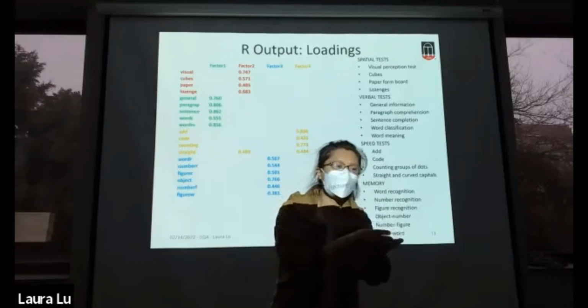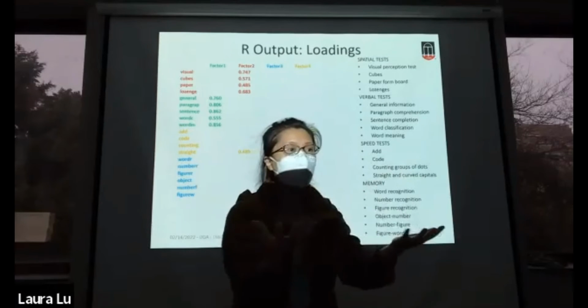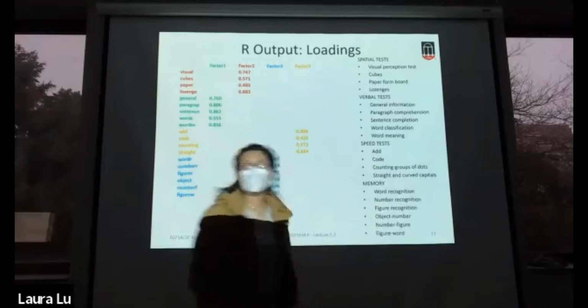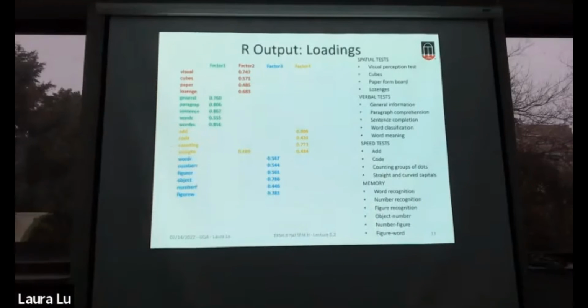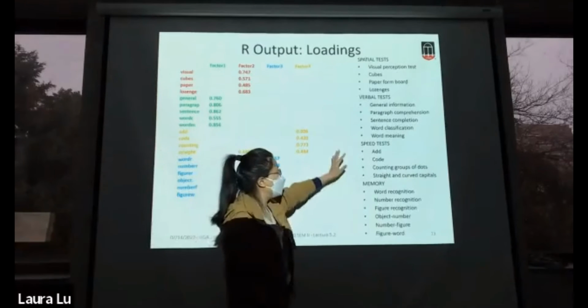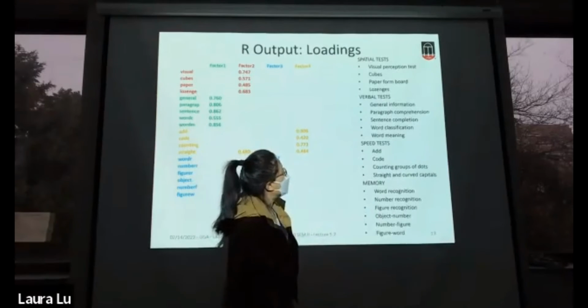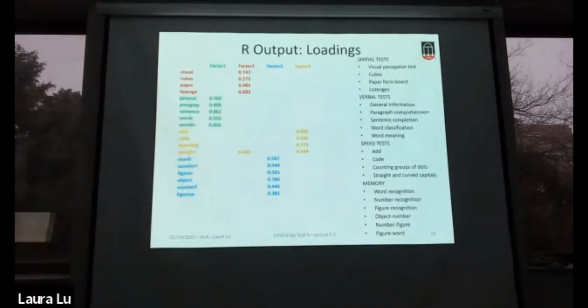You're going to decide by combining the result and the background of your theory. But in this case, to me, all of this makes a lot of sense, so I just believe that this is a 4-factor model.